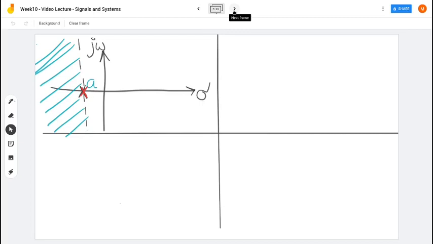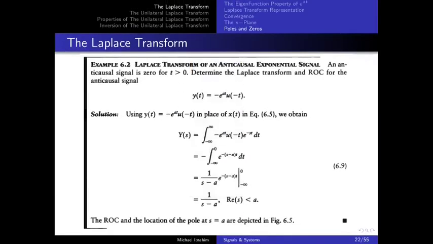And again, the same observation we made in the previous example: the region of convergence starts and ends at poles. So one way of finding the region of convergence is to find the poles and stay clear of these poles. So moving back over here, we get y of s is 1 over s minus a, where the region of convergence is the real part of s, which is sigma less than a.